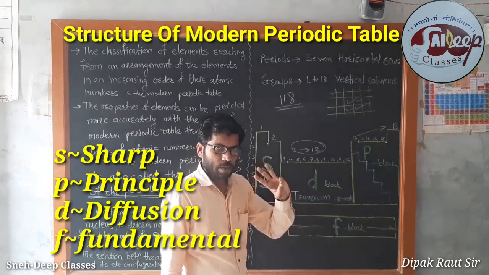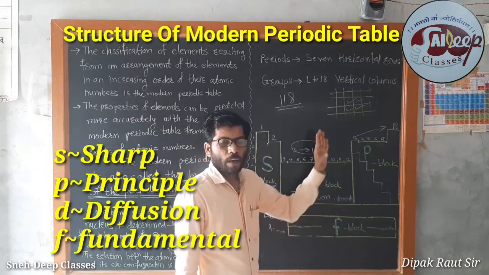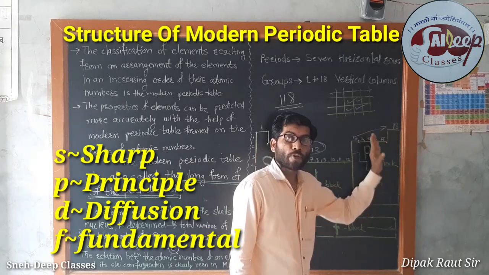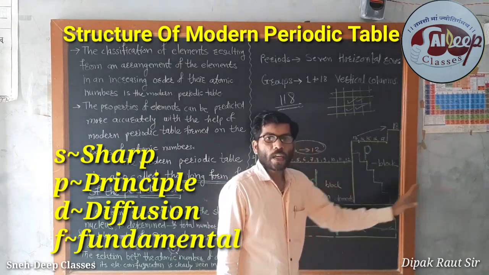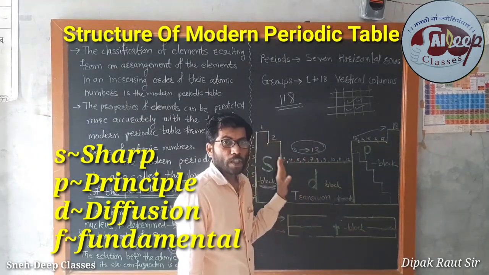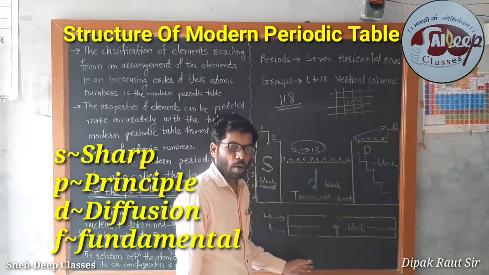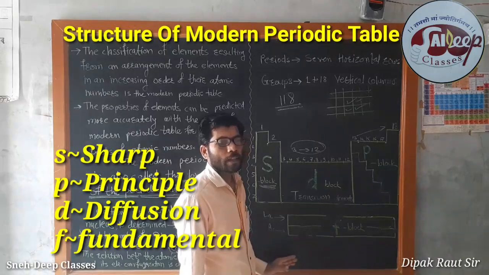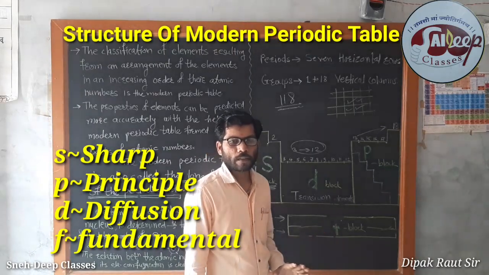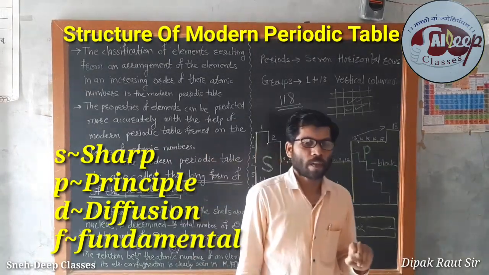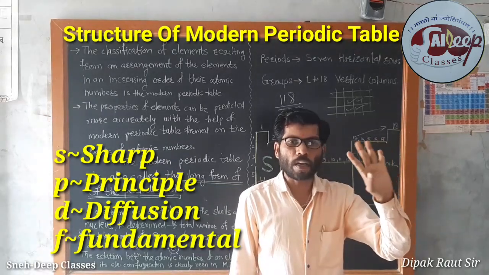S block elements, first, second. P block elements, 13 to 18 groups. D block elements, 3 to 12 groups. And F block elements, lanthanide and actinide series. 4 blocks, remembered. S block, P block, D block, F block.